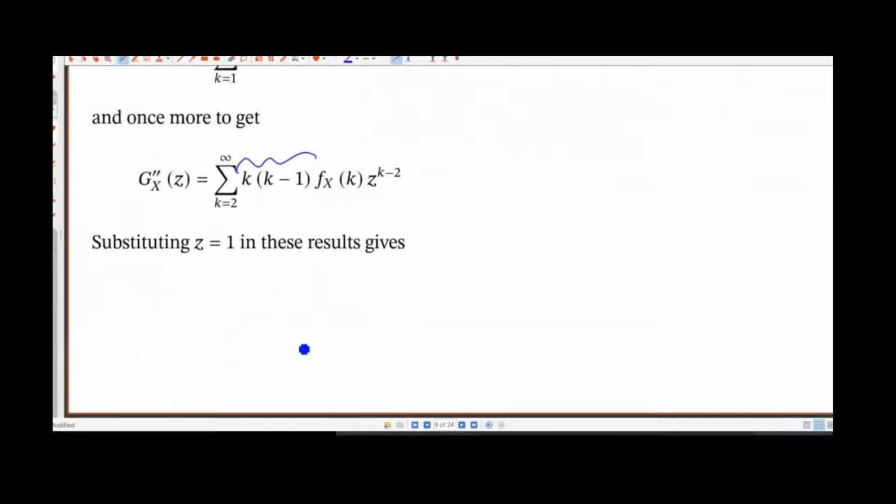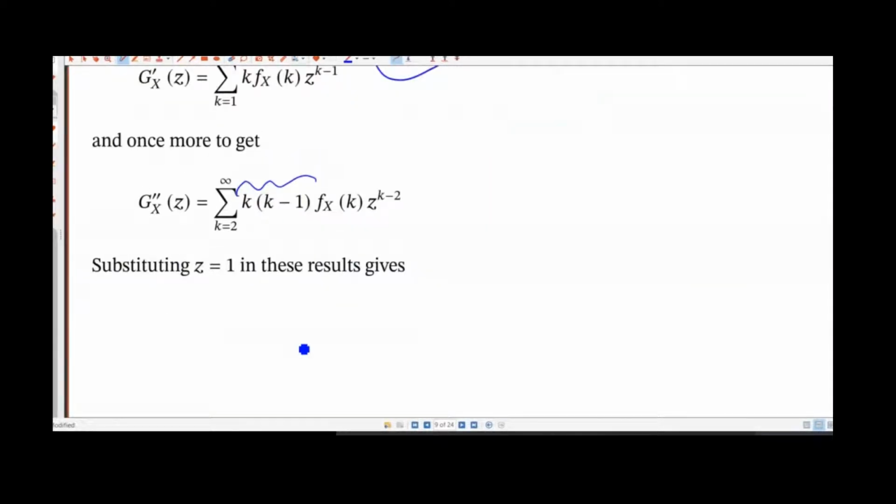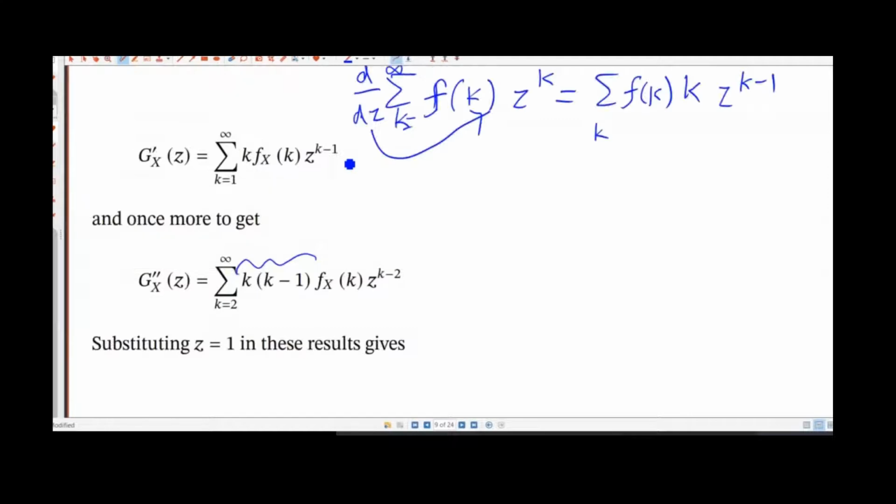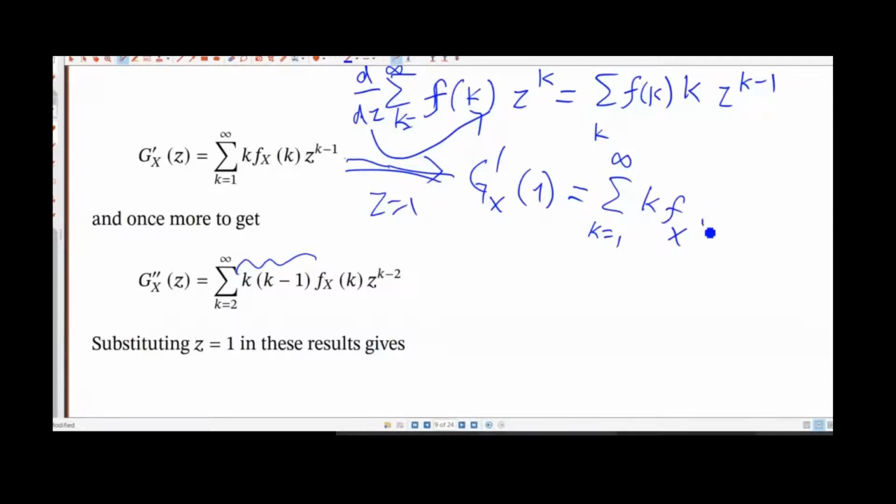So now substitute z equal to 1 in both these equations. What happens if I set z to 1? So the first derivative at 1 will be, what do I get? Can anybody tell me? Sigma k f_X(k), because z equal to 1 gives 1.